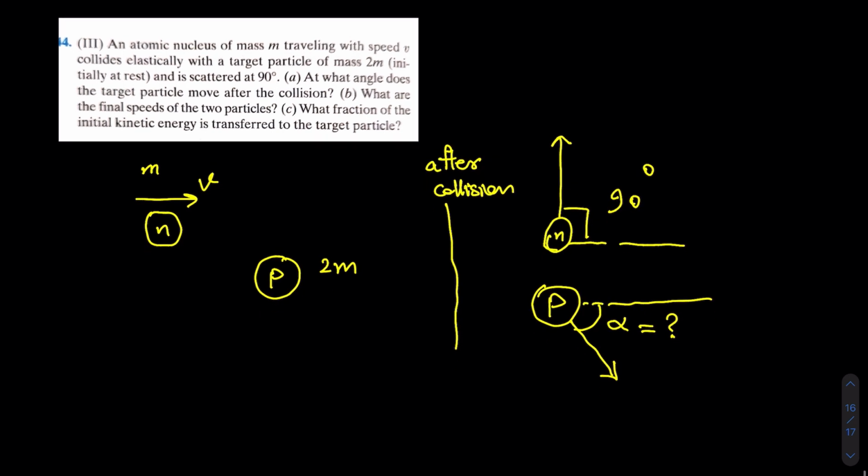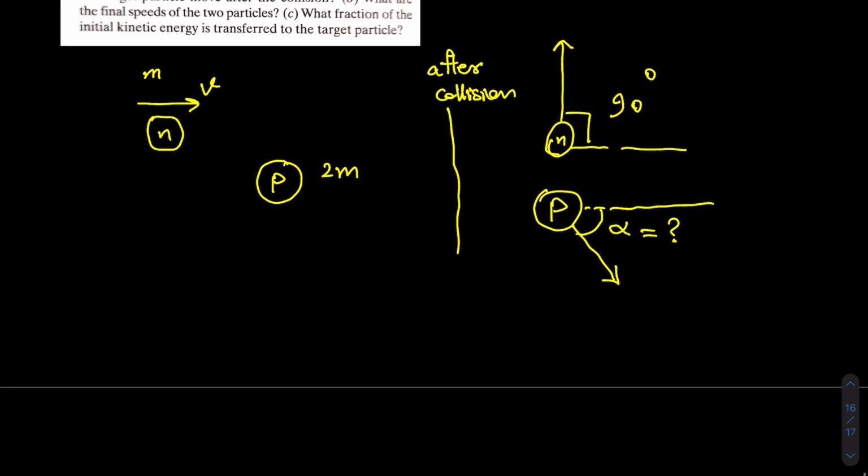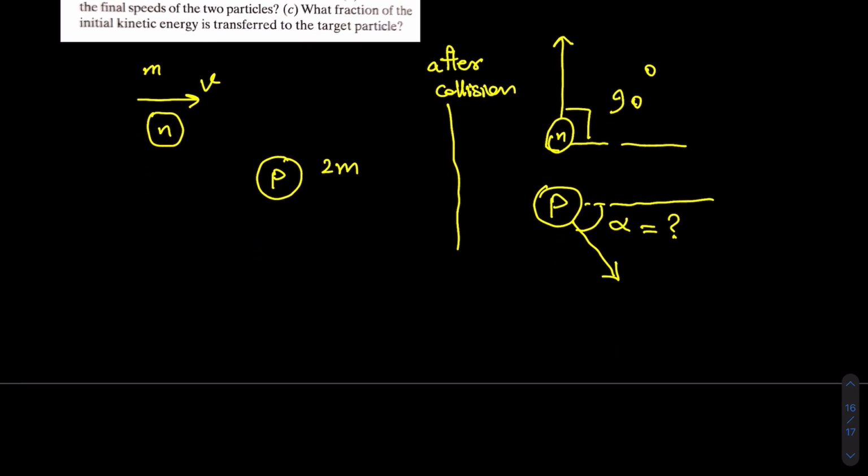So since this collision is elastic, in elastic collision, we have two conditions. Number one, the momentum is conserved. Sigma p initial before collision is equal to sigma p final after collision.